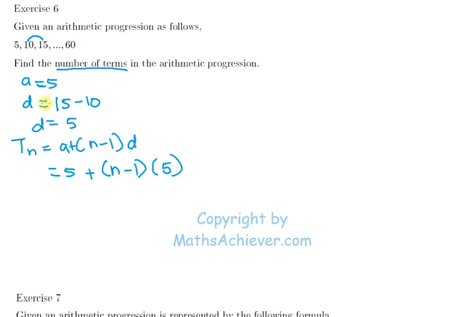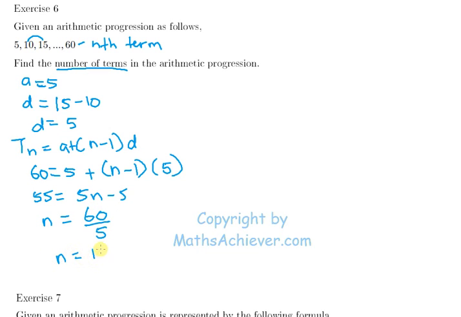But we do know that the last term is 60. So this is the nth term, Tn, is 60. So from here we can get 60 equals 5 plus 5n minus 5. So n equals 60 over 5. So n is 12.